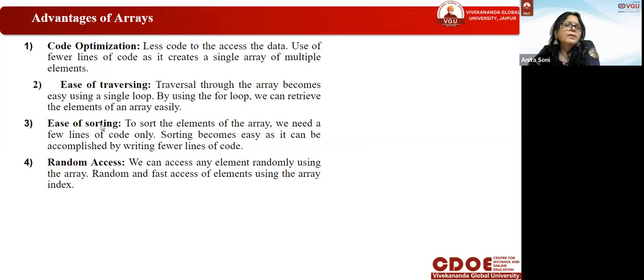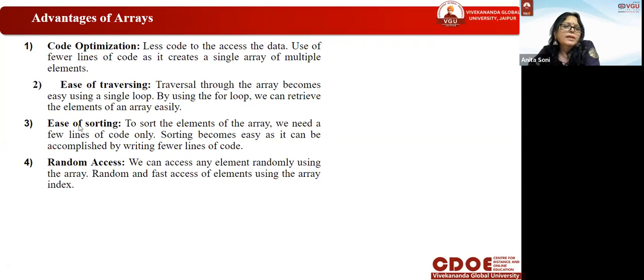By using arrays, you have seen you can use different types of algorithms. You can optimize your code. Ease of traversing: by using a single loop, you can traverse an entire array.